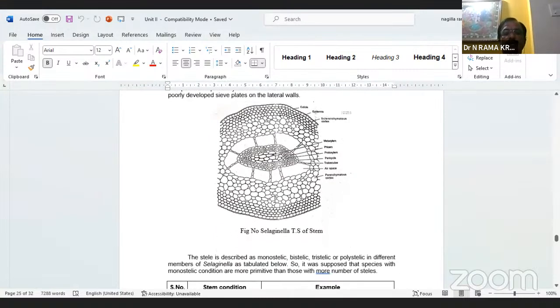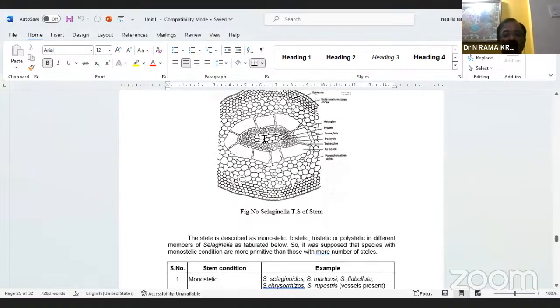Next is the stele. It is monostelic here, and in different members of Selaginella there are bistelic or polystelic conditions. So we see different types of steles. What is the meaning of monostelic? Monostelic means only the center part of the section. Bistelic means there are one and two portions.